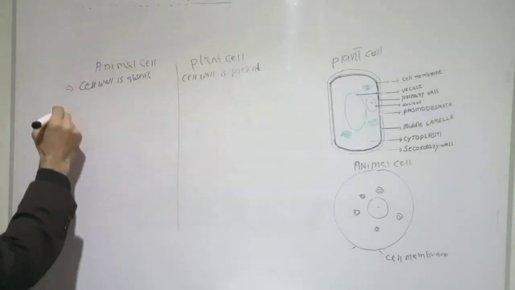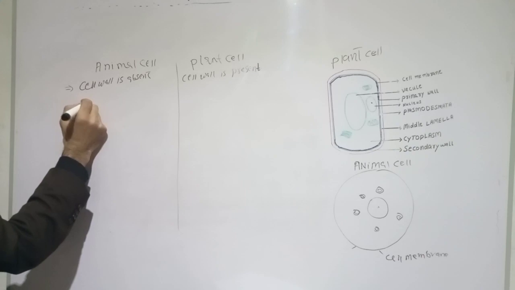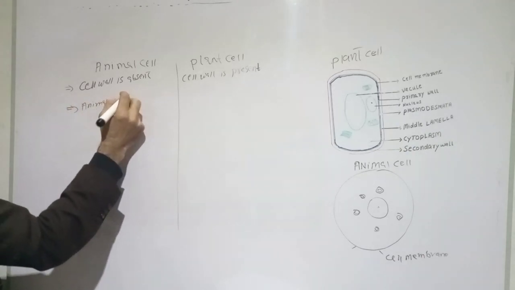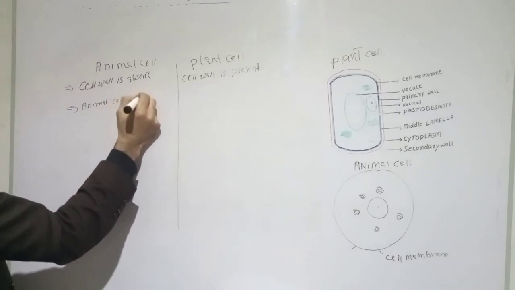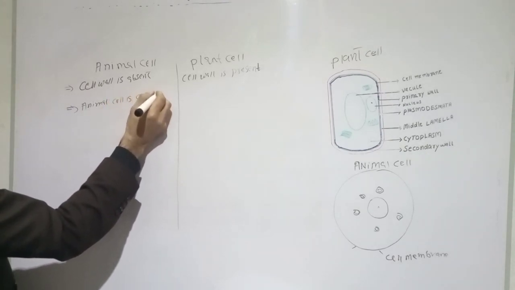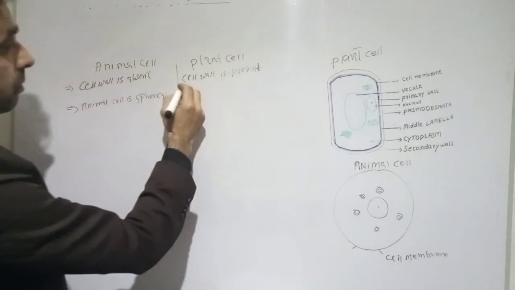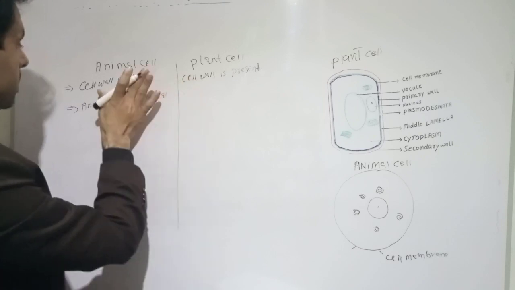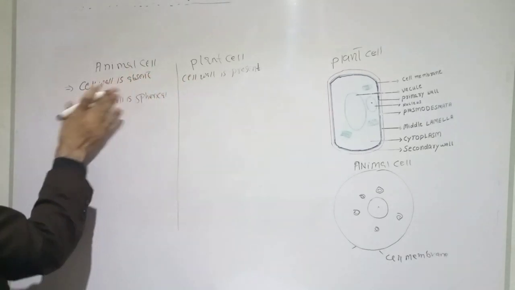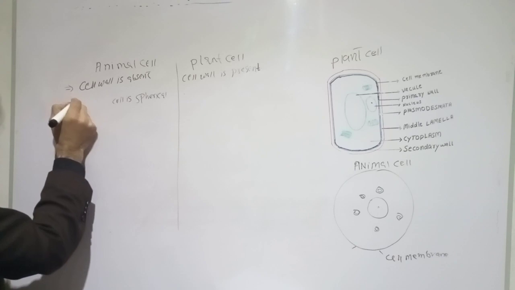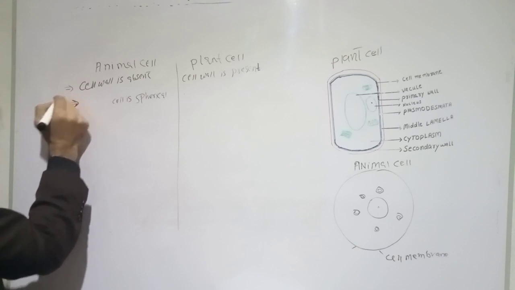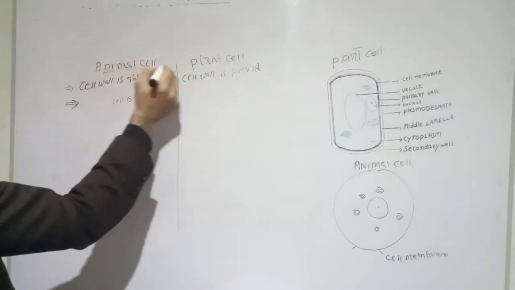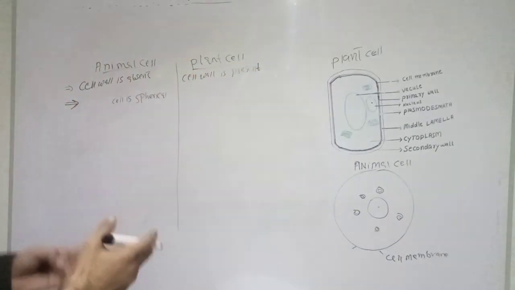Now the second one, shape. Animal cell is spherical. Plant cell, now you can remove, we will not write the name; it means that it is coming down.